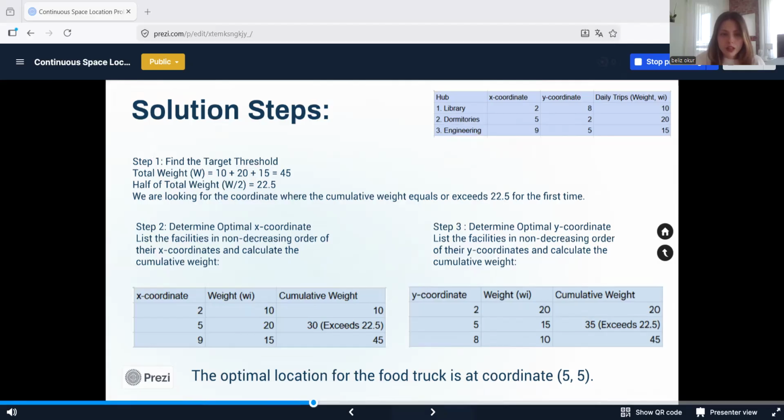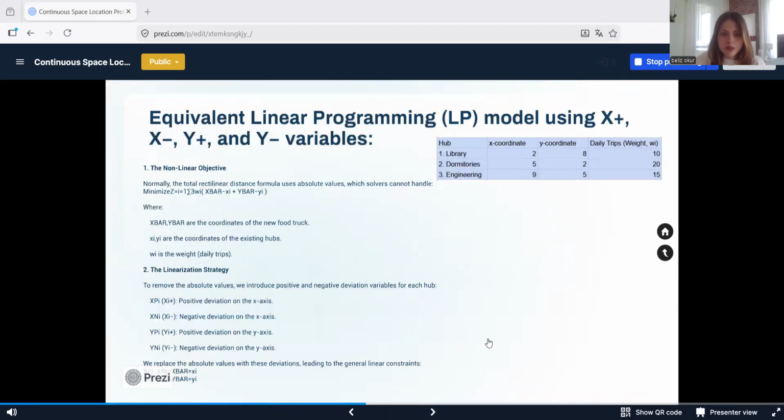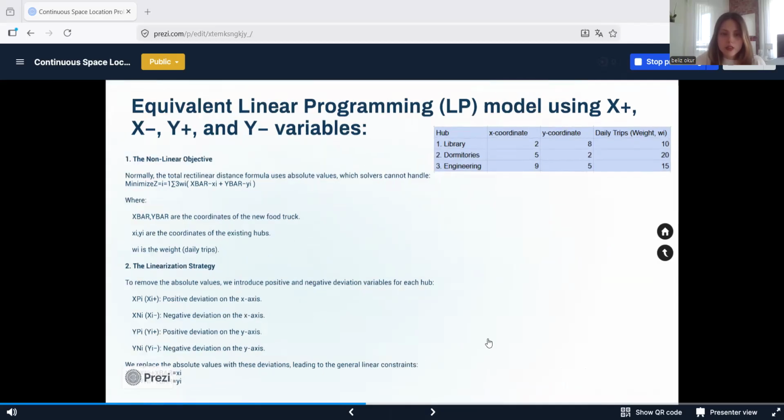Doing this by hand was easy, but in the real world with hundreds of buildings, we use computer programs. But there is a problem. The rectilinear distance formula uses absolute values. Computer programs cannot easily solve absolute values. To fix this, we change the formula into a straight line.